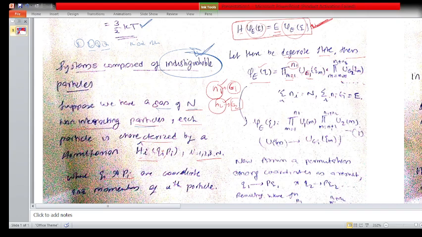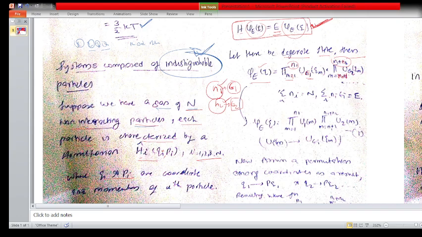Times, and from n1 onwards, we have m equal to the next product, that is n1 plus 1 to n1 plus n2, the total number of particles.